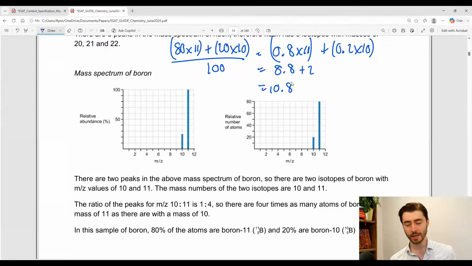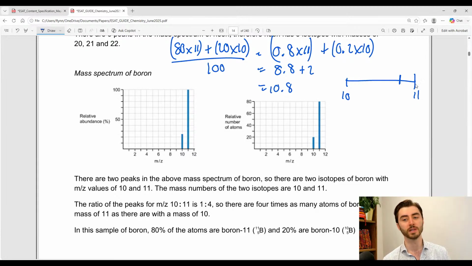Or alternatively, if you're good at this, you can use the concept of a number line, where it varies linearly between 10 and 11, and it is going to be 4/5 of the way towards the 11, because there's 4 times as much 11 as there is 10, which means it's going to get to 10.8. So that's another way you can think about this.